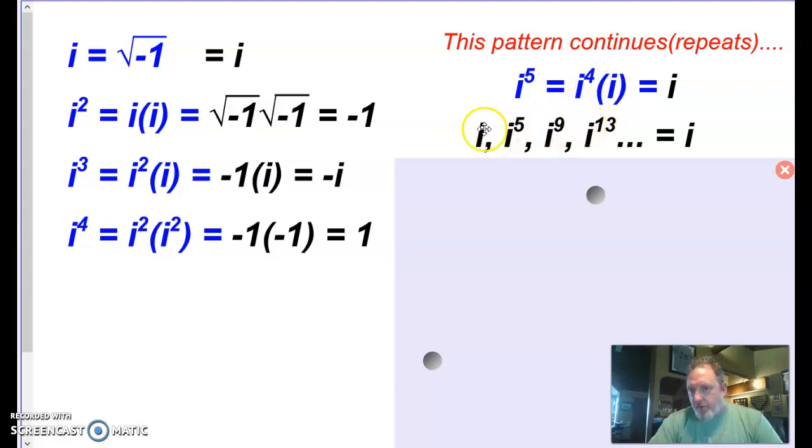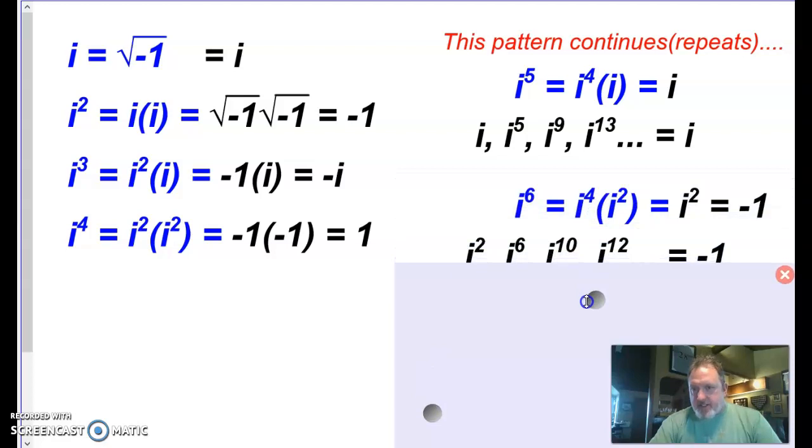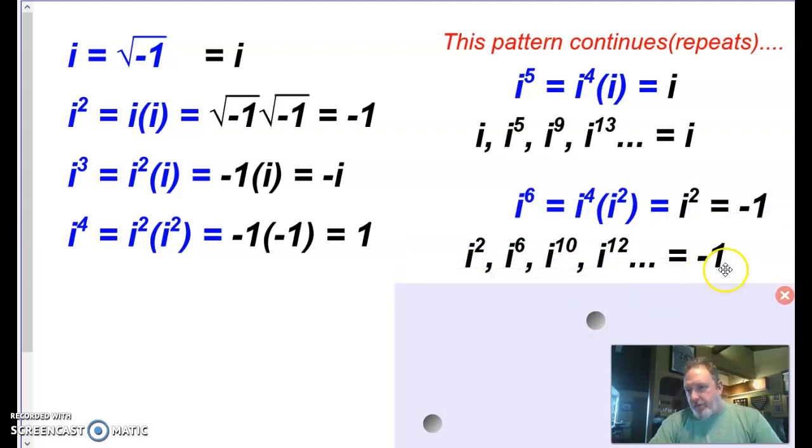All of these, if you keep adding 4 to 1, so 5, 9, 13, 17, 21, equal i. Same thing with i squared: if we keep adding 2, i to the sixth, i to the 10th, i to the 12th, all of those equal -1.